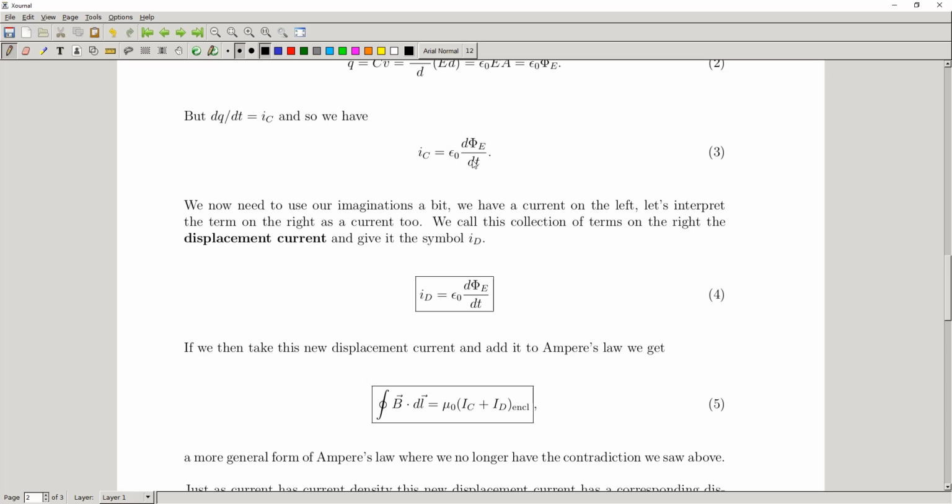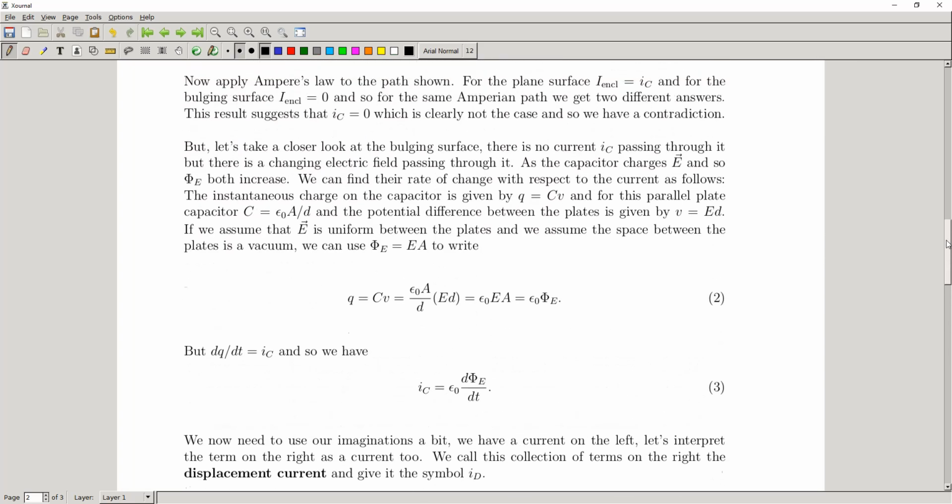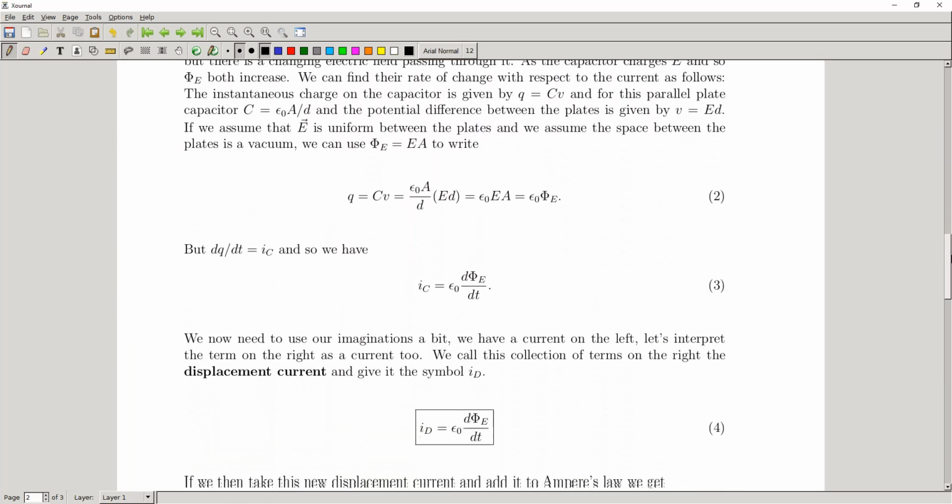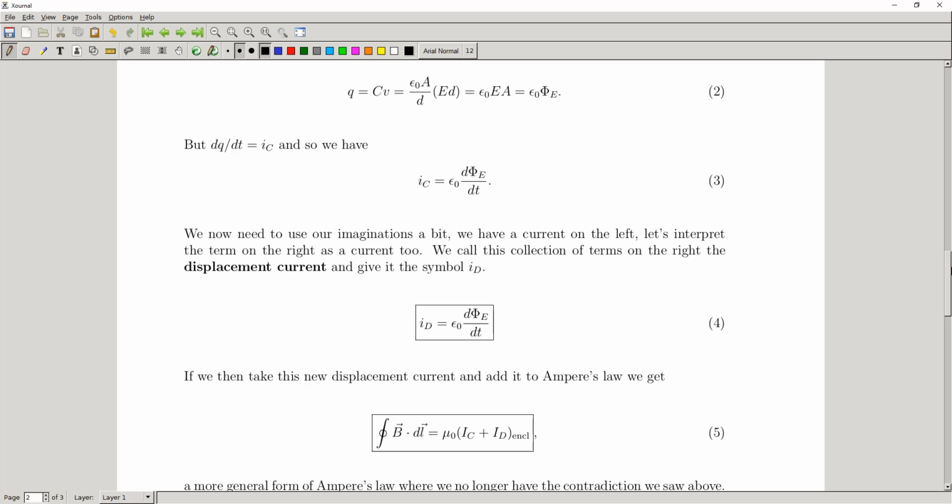And in this problem, for a parallel plate capacitor where we just have the one wire and just the one IC, our IC is going to be equal to ID, and our ID is defined as this collection of variables.